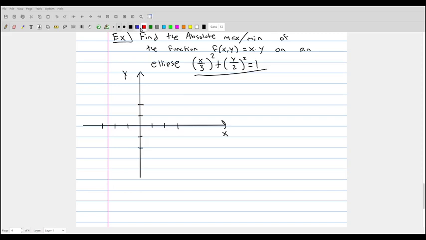So what I'll do is I'll draw the domain here that we're optimizing over in black, and this ellipse is the ellipse that stretches 3 in the x direction and 2 in the y direction.